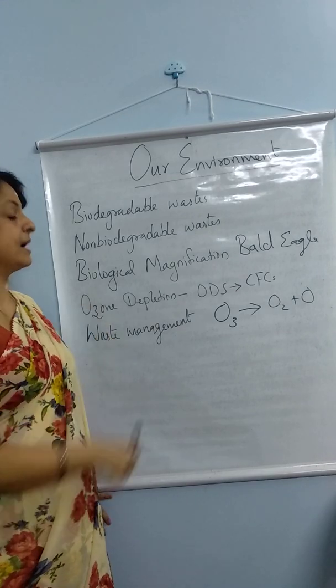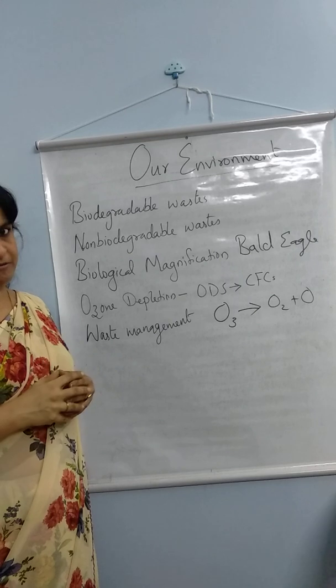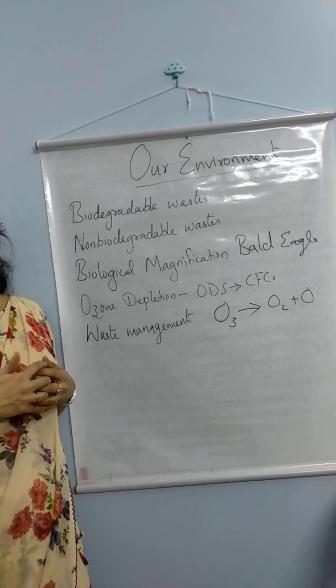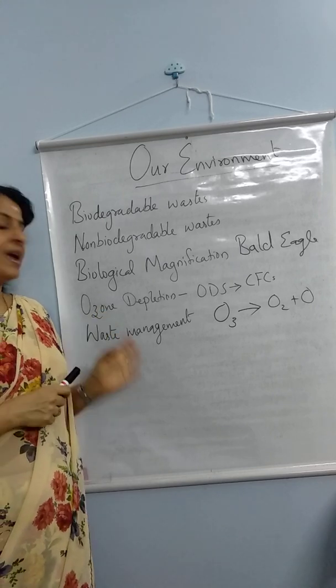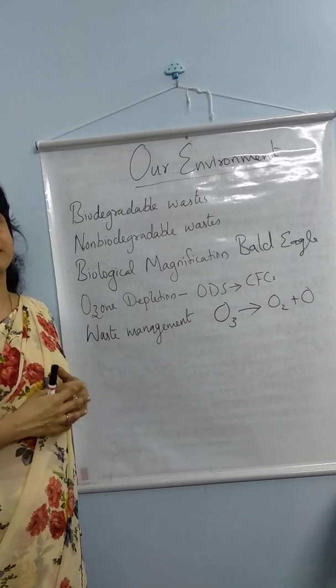Now the last one is waste management. So now waste has become a great problem for us. So what we will do with the waste management? The main thing we can do is this waste should be sorted into biodegradable and non-biodegradable type.